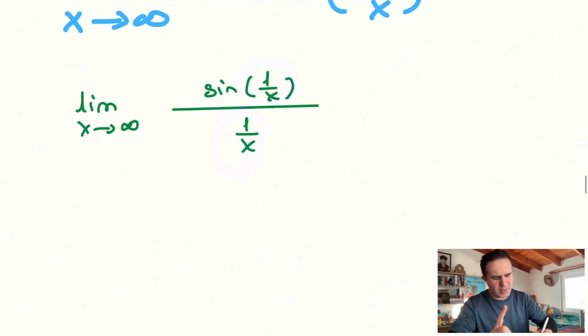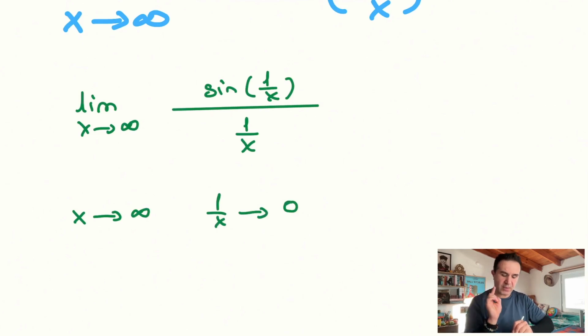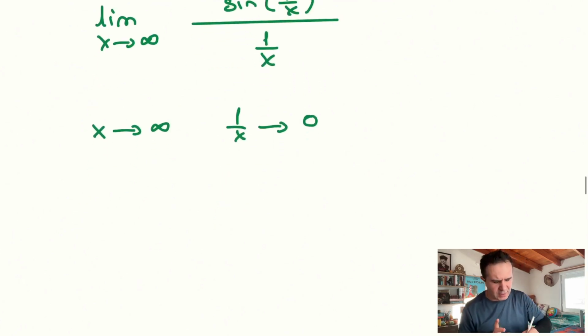And I know that if x approaches 0, 1 over x approaches infinity. Let's define u as 1 over x.